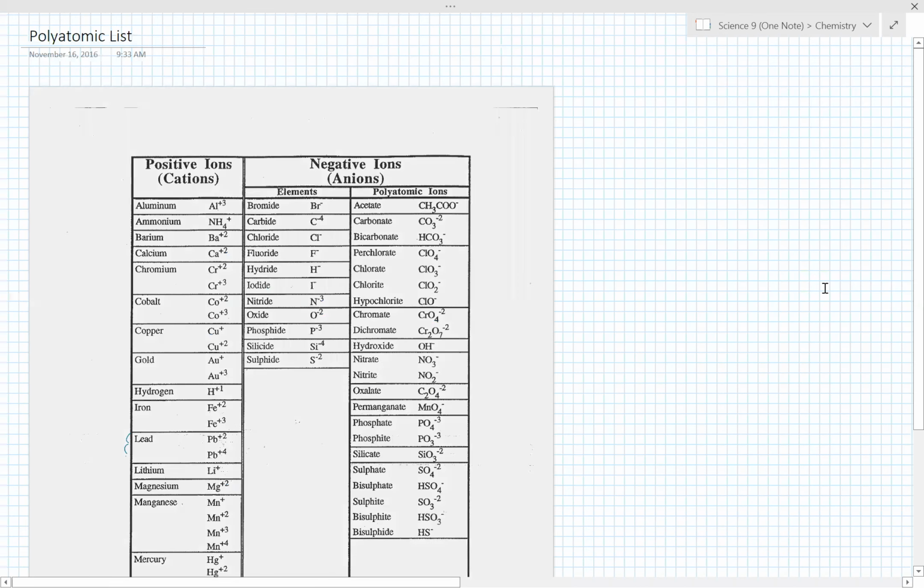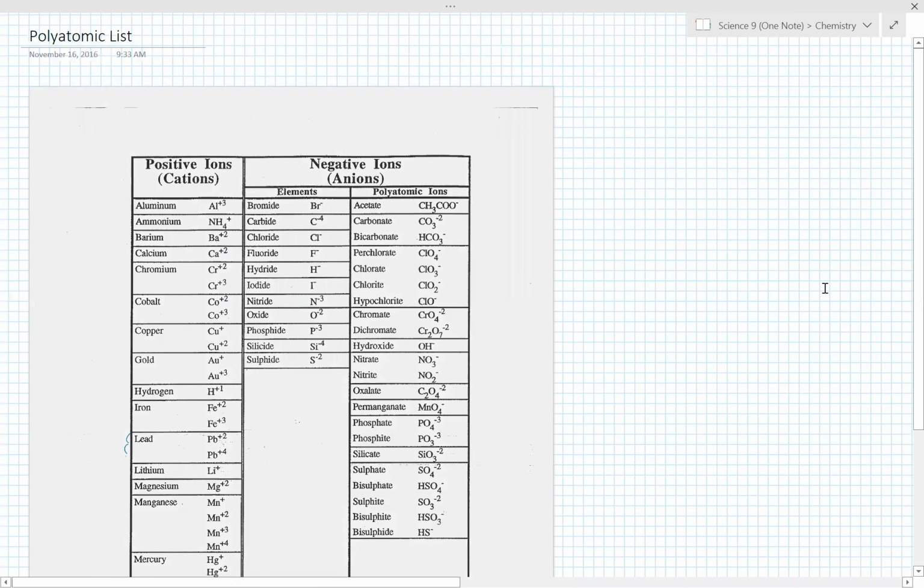Number one is you take a look at the periodic table and you see that oxide is just oxygen, which is a -2. Or you also have the polyatomic list, remember, you look down the middle column, you see oxide is -2. So what do you have here? In this case, this would be -2.